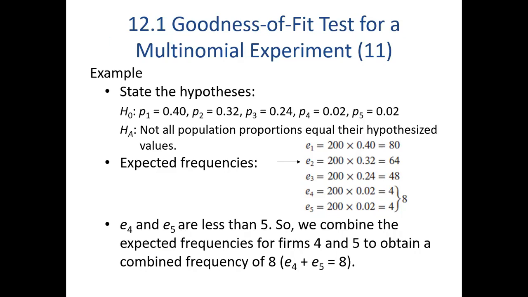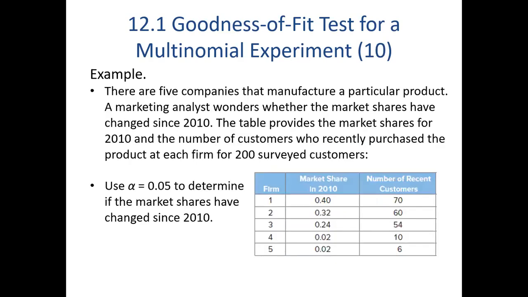Similarly, we'll combine the P4 and P5 expected values also. And also we will combine them in the null hypothesis comparison. Okay.